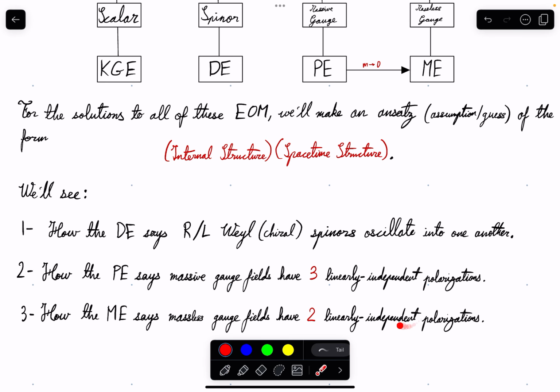We've actually talked about this in previous videos. I think it was in the videos where we were talking about the differences between scalar fields, spinor fields, and vector fields. In those videos, I talk about why you can only have these types of polarizations. But we'll go over it again from a more field theoretic context.